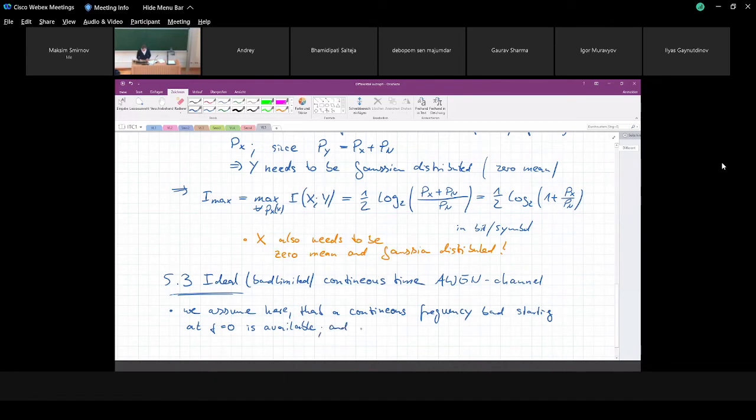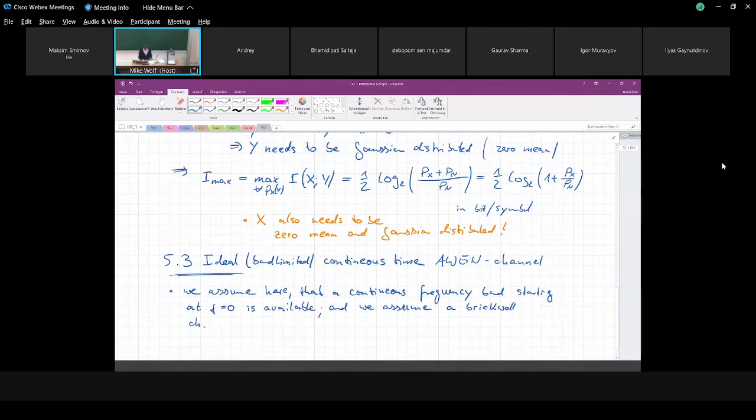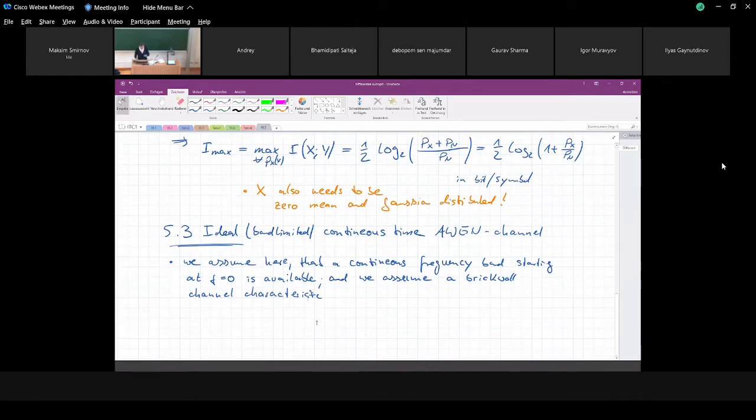We assume a brick wall channel characteristic. So this is where this bandwidth limitation comes from. But I come back to this in a few seconds.